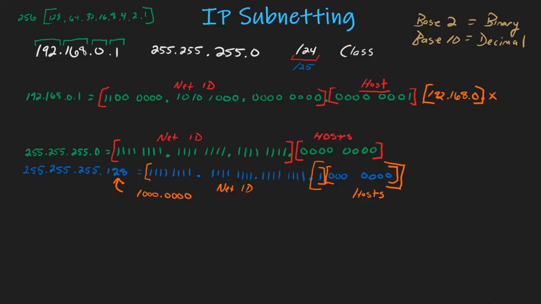That's where that 128 came from. This number is very useful because we can use it to determine how many hosts or IP addresses are in this subnet. In this case, it's 128. Very, very easy, right?